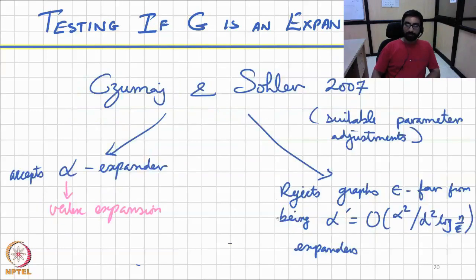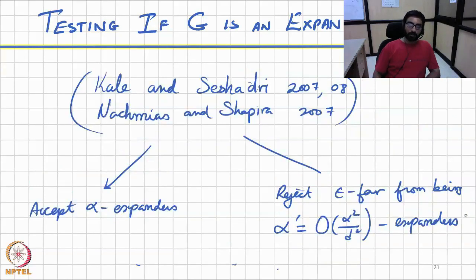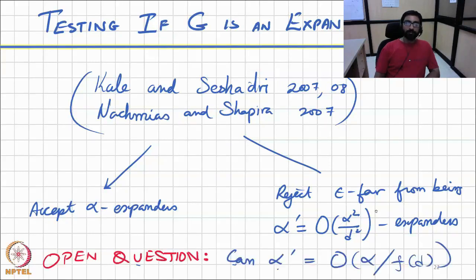So they've gotten rid of this log n over epsilon in the denominator. But still, this alpha prime remains a function of alpha squared.